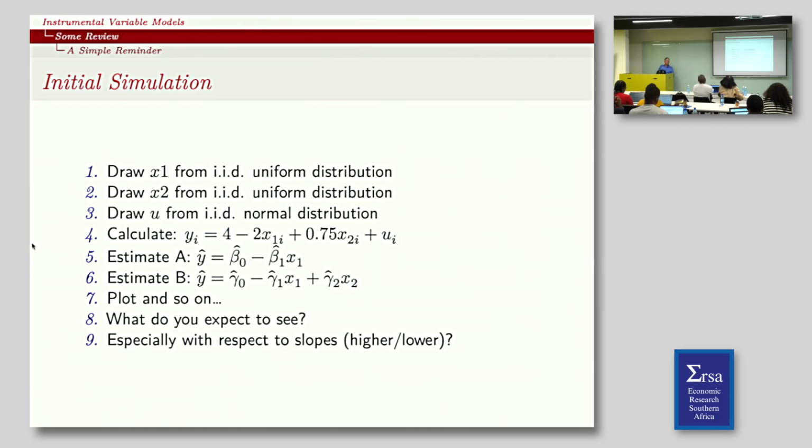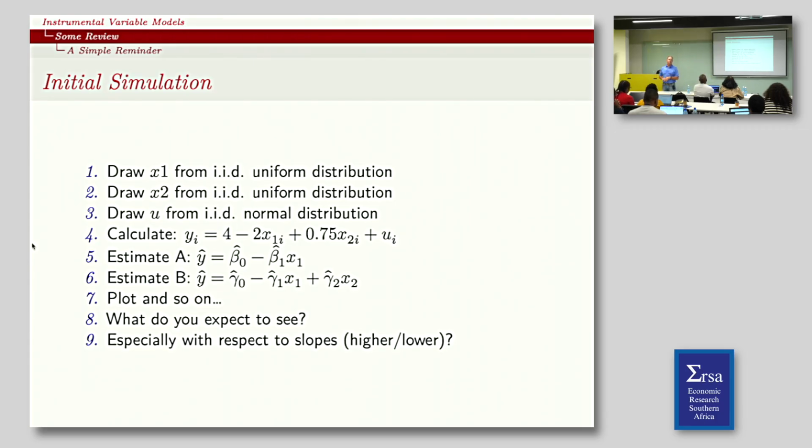If it is not ignoring it, wouldn't it be almost similar? Meaning estimate B. Yes, because this is essentially this regression. We expect gamma 0 to be around 4, gamma 1 to be around minus 2, and gamma 2 to be around 0.75. Everybody with me on that?